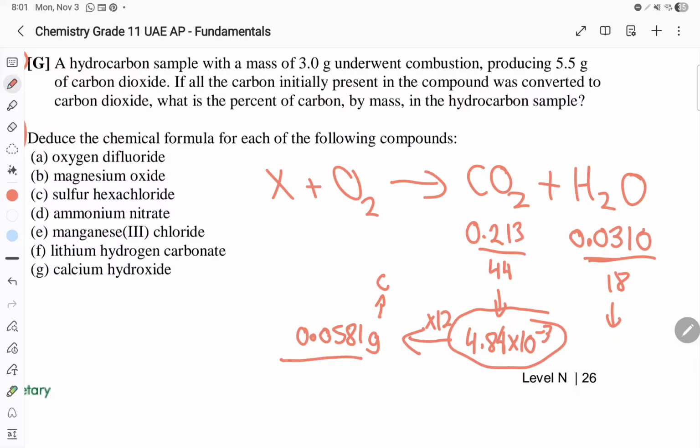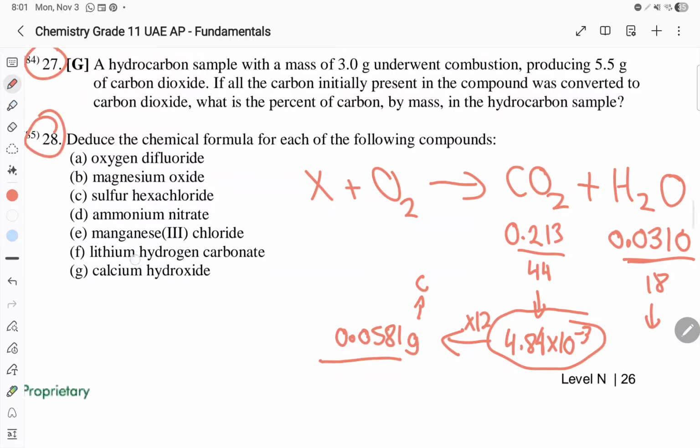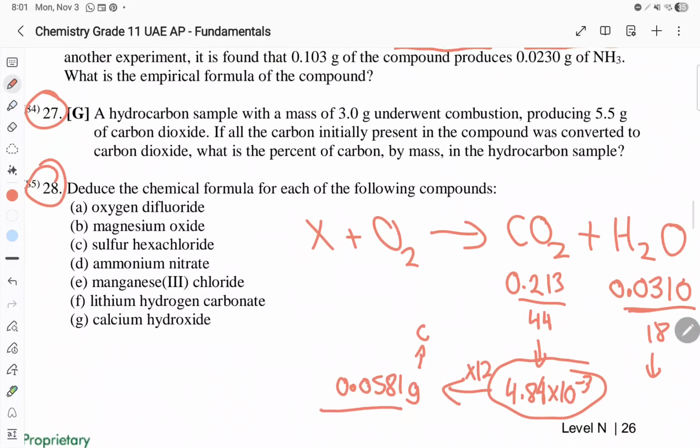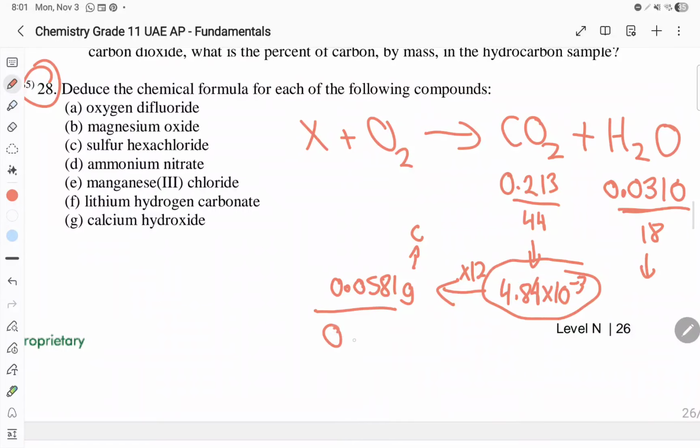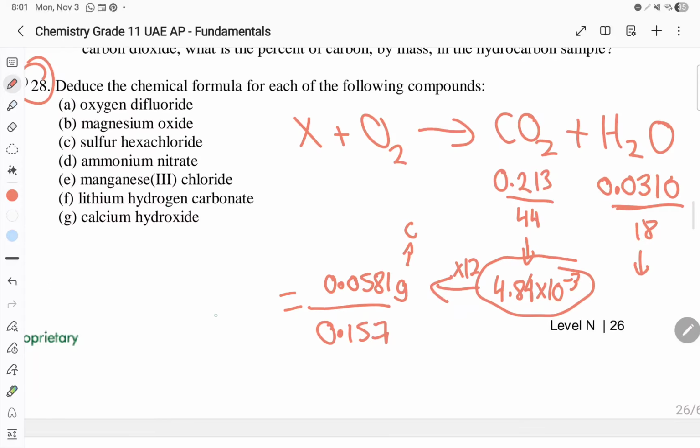Then you divide it by the total mass of the compound, which is 0.157. Then you're going to find carbon to be 37%.